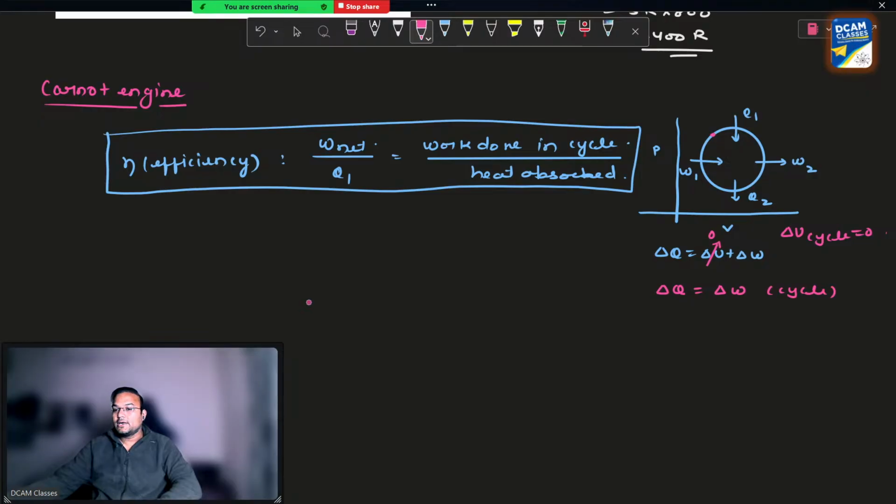So the total work done I can write as delta Q, which is Q1 minus Q2, because Q1 is positive as it is absorbed in the process, and Q2 is negative, it is lost from the process. So in a cyclic process, total work done is equal to Q1 minus Q2.